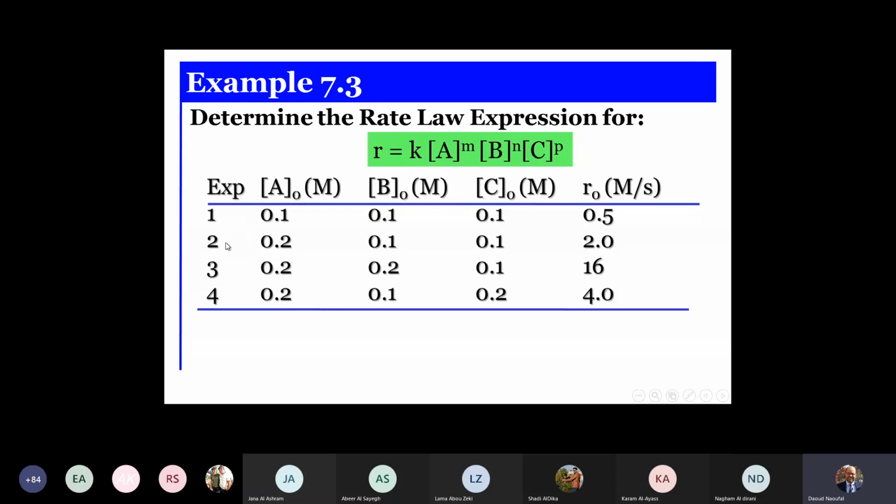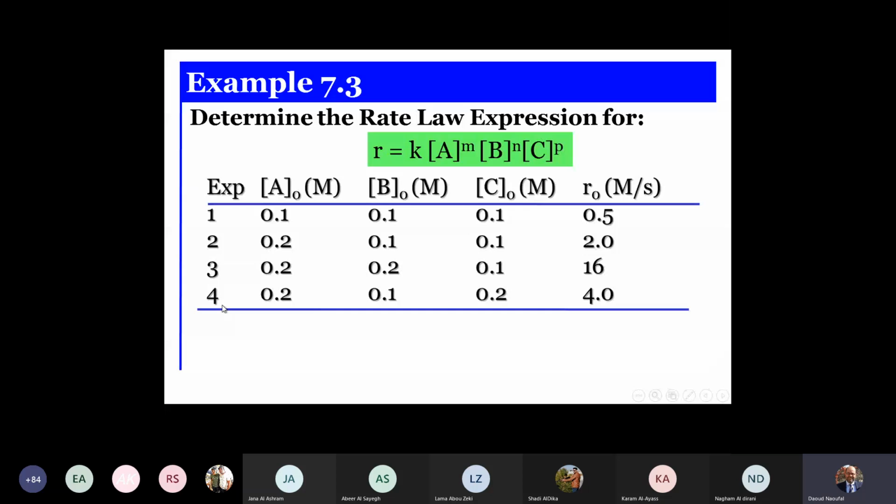So student 1 and student 2 start with the same initial concentration of B, but a different initial concentration of A. Student 3 starts with 0.2 A, 0.2 B. So student 3 uses different conditions than student 1 and student 2.